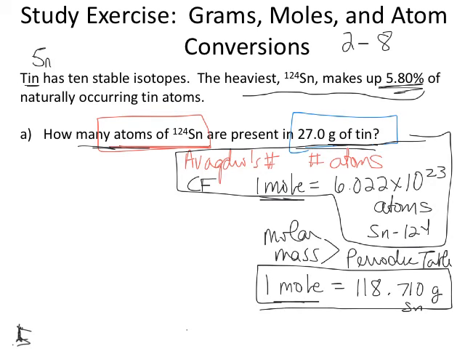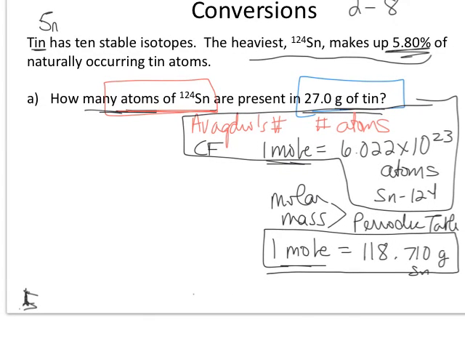So to deal with that, we are going to start with our given. Let's do our conversion factor plan, because it kind of makes it nice. So we start with our given, 27.0 grams of tin.